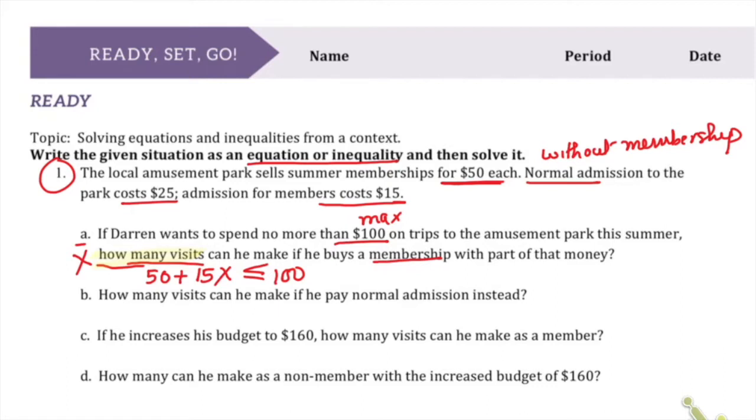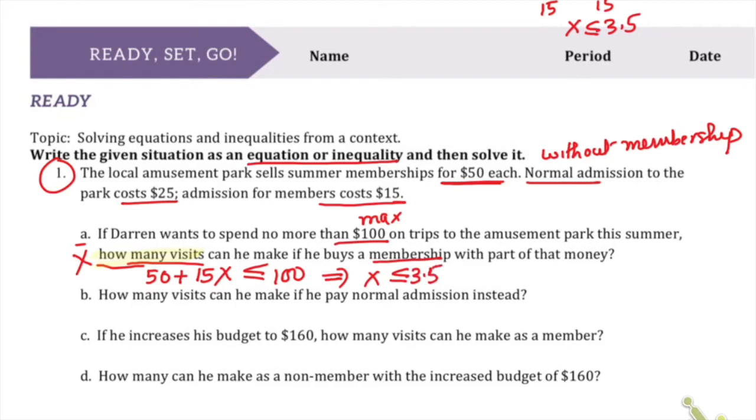I subtract 50 from both sides. I have 15x less than or equal to 50, and I divide by 15 on both sides, and I get x is less than or equal to 3.5.